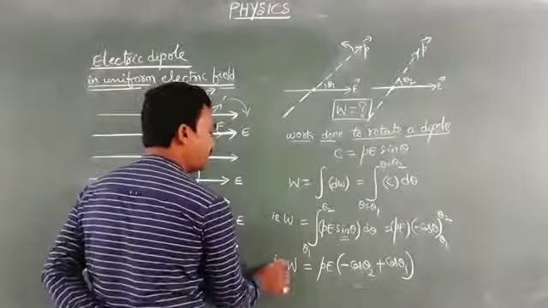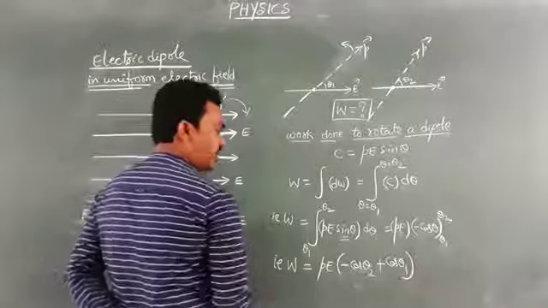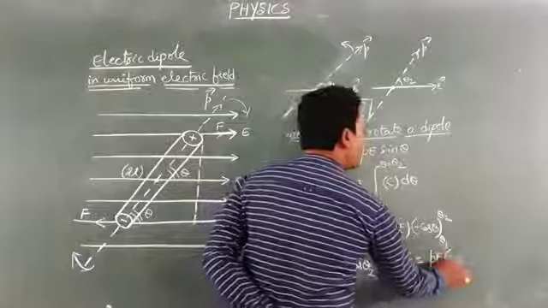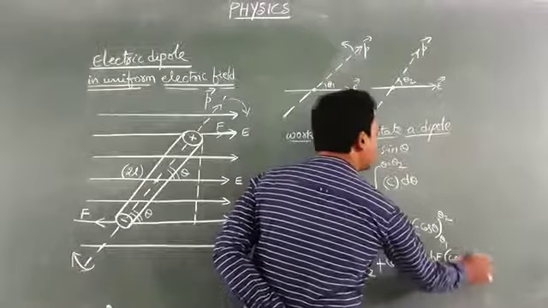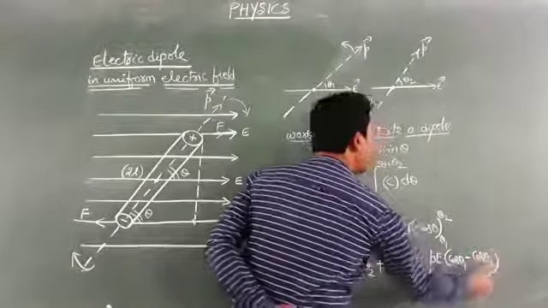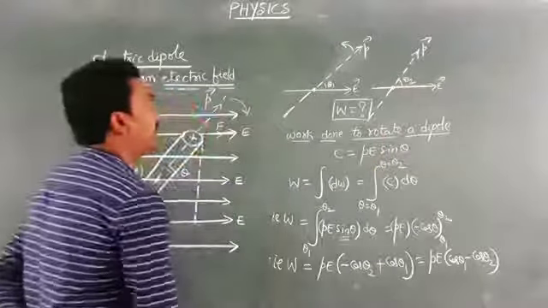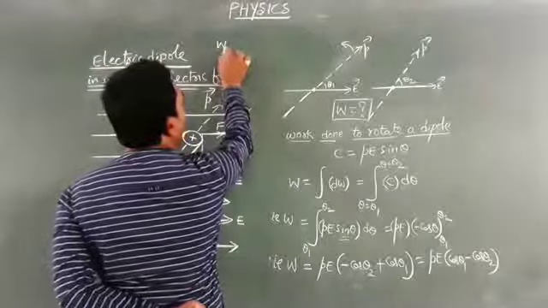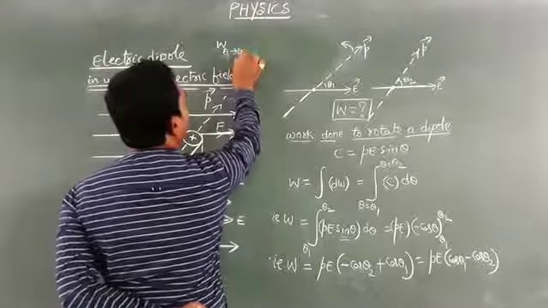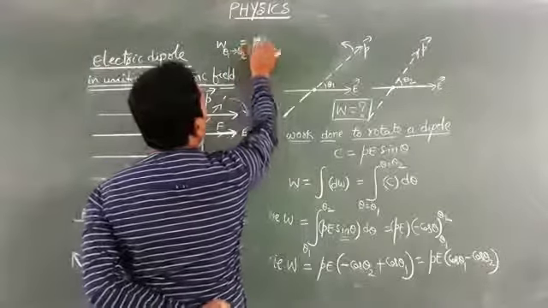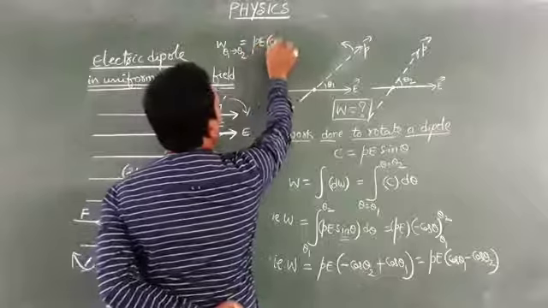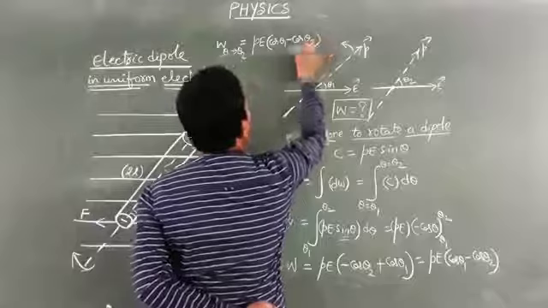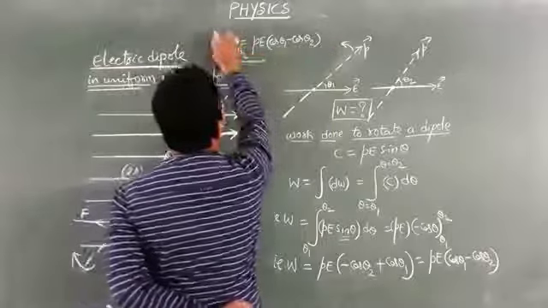If you simplify this, it is equal to PE (cos theta 1 minus cos theta 2). So let me conclude here. The amount of work done to rotate the dipole from theta 1 to theta 2 is given by PE (cos theta 1 minus cos theta 2).